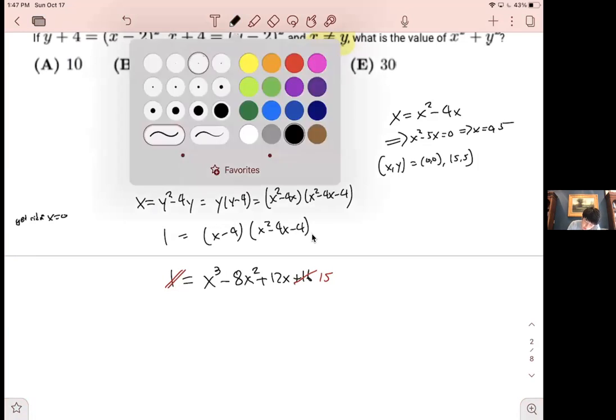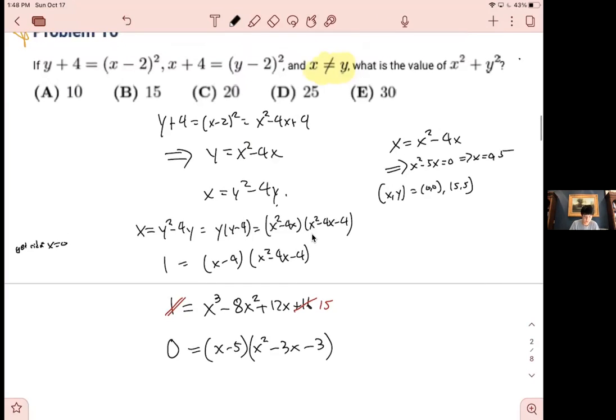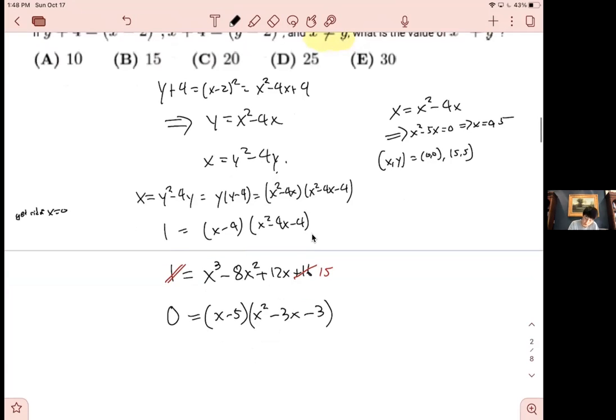But we also know that 5 is a root, so we can factor out an x minus 5, and then we can divide through by x minus 5, because if x equals 5, then that forces y to be 5, and we have the degenerate x equals y solution. And so that means that 0 equals x squared minus 3x minus 3.